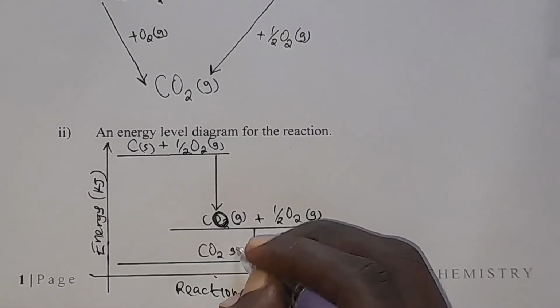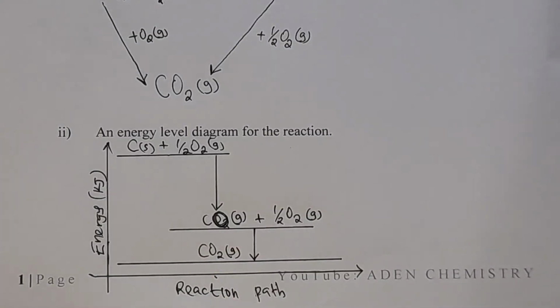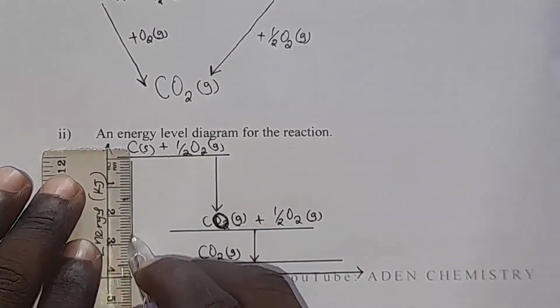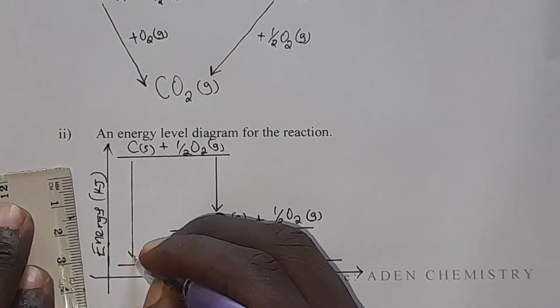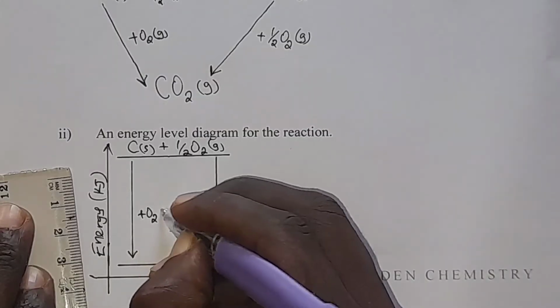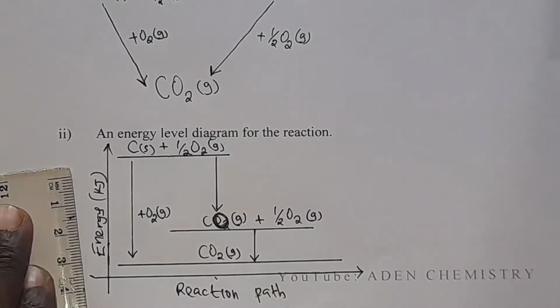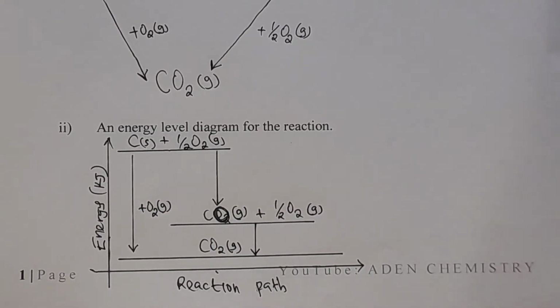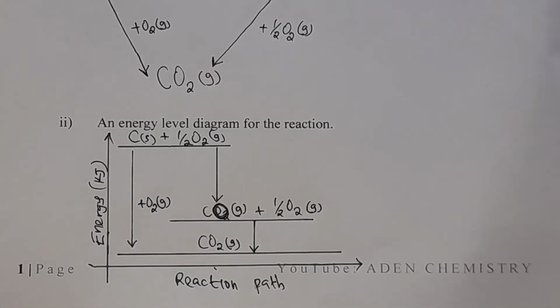And carbon dioxide is a gas. So there's another reaction that produces carbon dioxide, and that's when carbon reacts with oxygen. That's the carbon. So if I have an arrow to come to this side, it can react with oxygen gas, giving you still carbon dioxide. So what I have drawn here will be an energy level diagram for the thermochemical equations given.